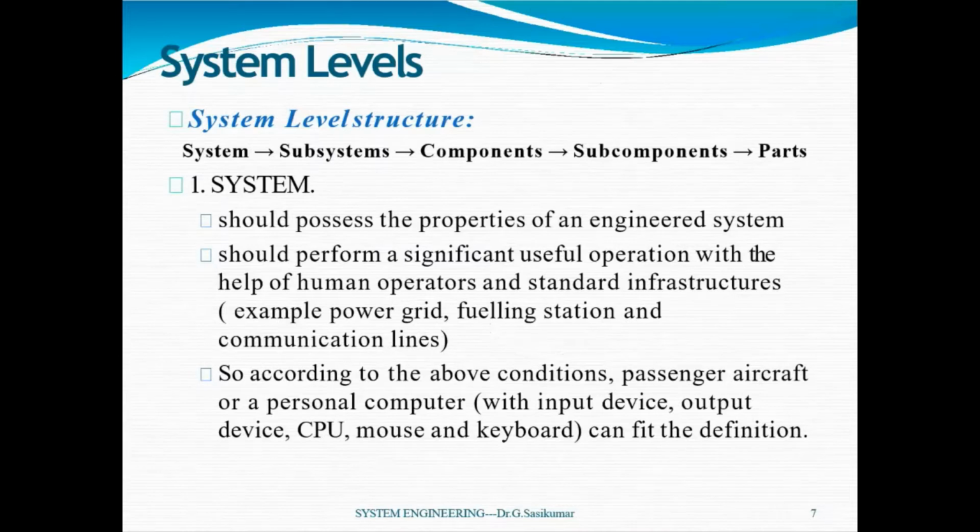Okay, take a car. A car has more than thousands of spare parts, but all these spare parts are connected to the main heart of the car, which we call the engine. The engine has different parts. All these subcomponents are connected to the main component that comes under the driver's control.